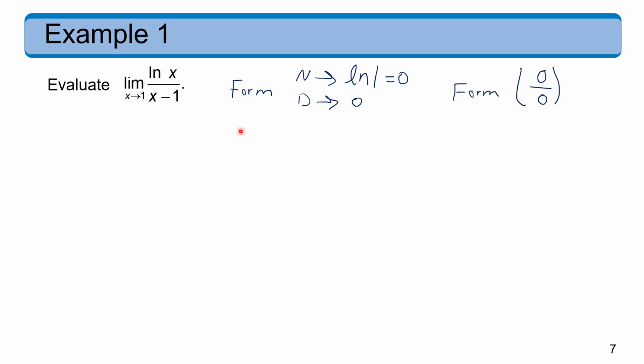But here there's no factoring to do at all, so factoring is not going to work on this one. But the form is one of the two indeterminate forms. Right, this is indeterminate. The form in and of itself doesn't tell us what the limit is. But it's one of the two types of indeterminate forms where we can use L'Hopital's rule.